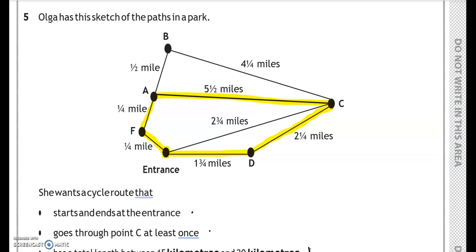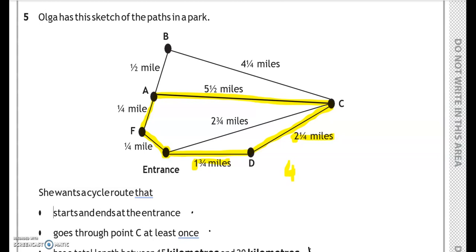So if I add 1 3/4 and 2 1/4, that's going to give 2 and 1 is 3, 3/4 and 1/4 makes a whole, so that makes 4 miles.